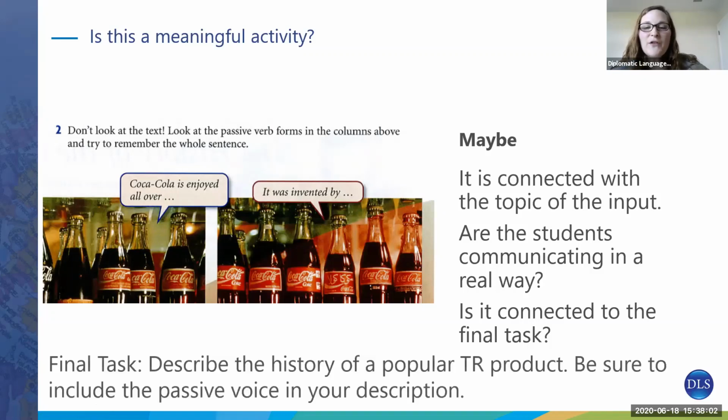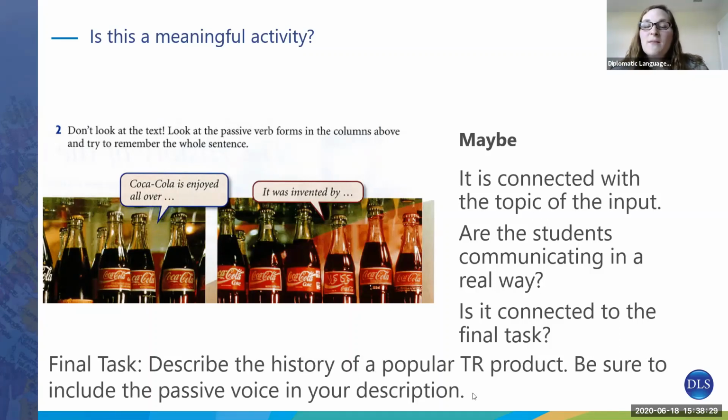But one thing we could do to make it more meaningful is, if you have a final task of describe the history of a popular target region product, be sure to include the passive voice in your description. You can maybe see how practicing saying the sentences about Coca-Cola in the passive voice would prepare the students to do this final task.